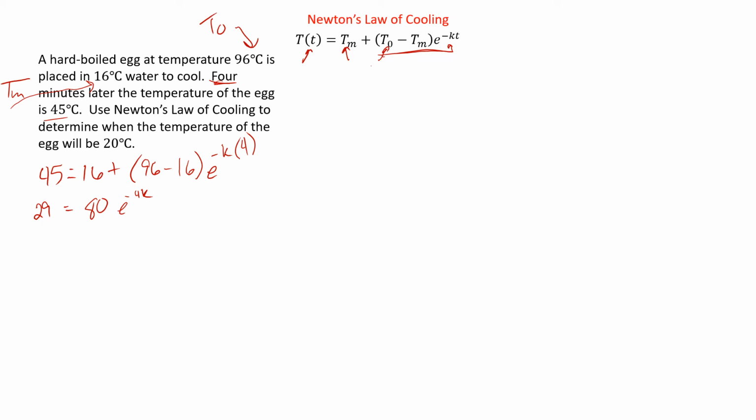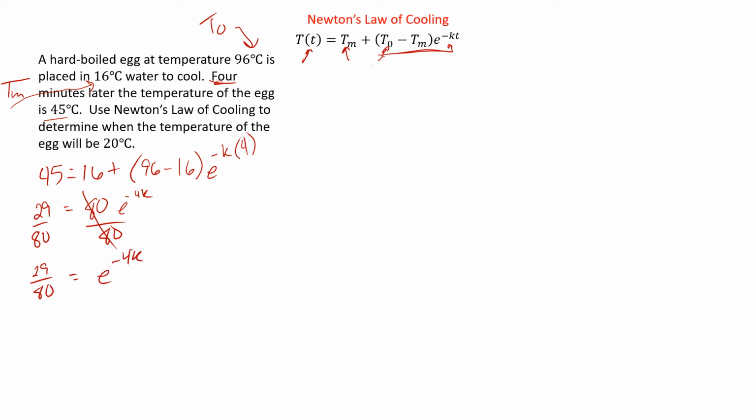Divide by 80. So we get 29 divided by 80, which is a number. It's not a particularly nice number, but it is a number. That's okay. We can leave it as the fraction. So we have 29 over 80 equals e to the negative 4k.